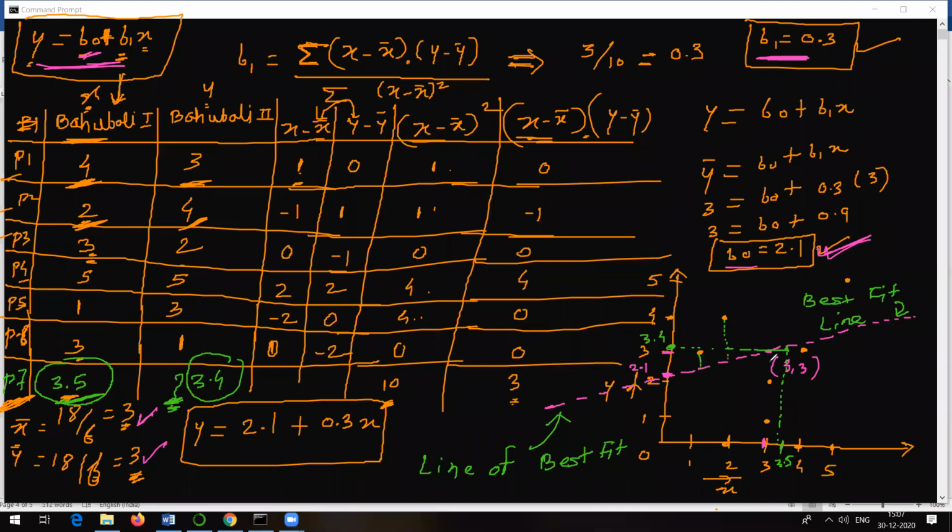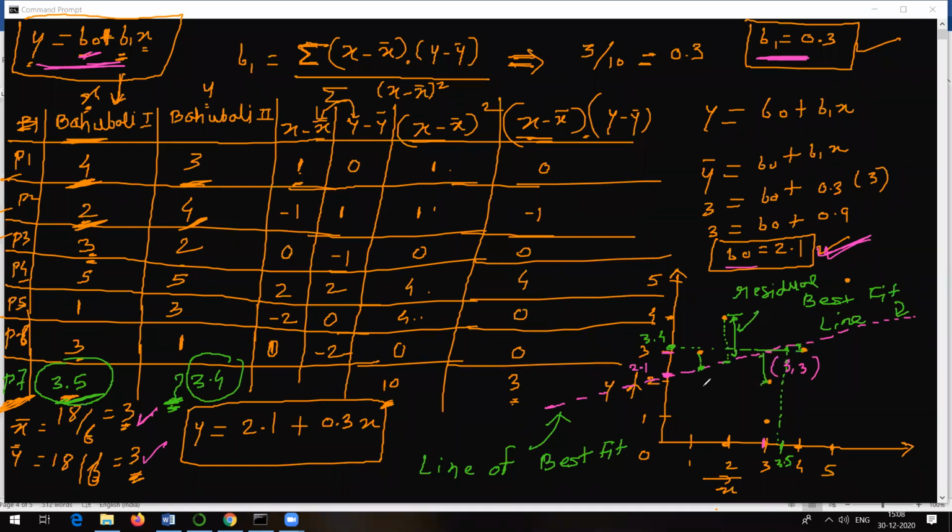All these orange color markers are the actual values, and the corresponding values on this line for those points are the predicted values. And the difference between them is called the residual. Try to understand. This is called the residual, and you can see this error is very, very minimum.